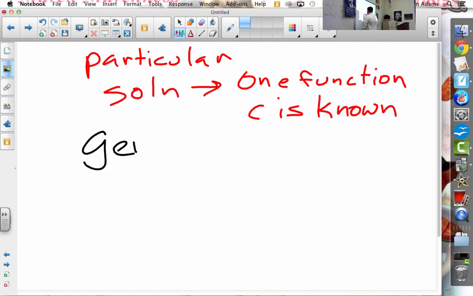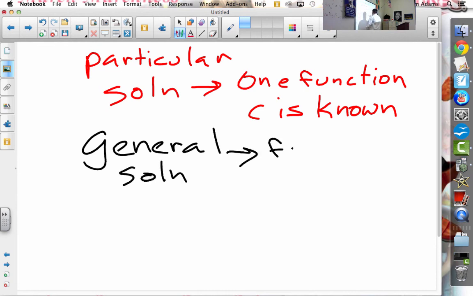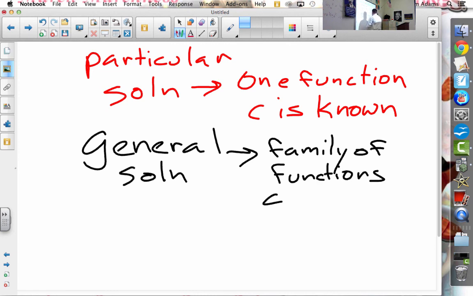General solution, family of functions, c is not known. Okay? Particular solution, it's one function, c is known. General solution, family of functions, c is not known. Any questions?